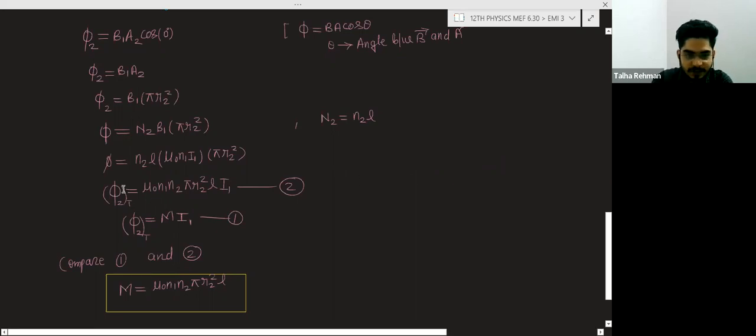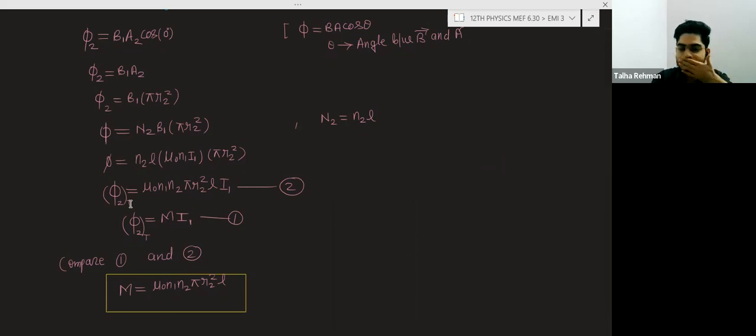And here I have written phi 2 suffix T. This means total flux linked with the solenoid, solenoid number 2.